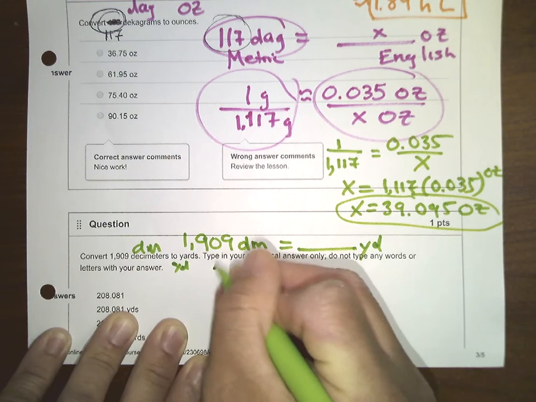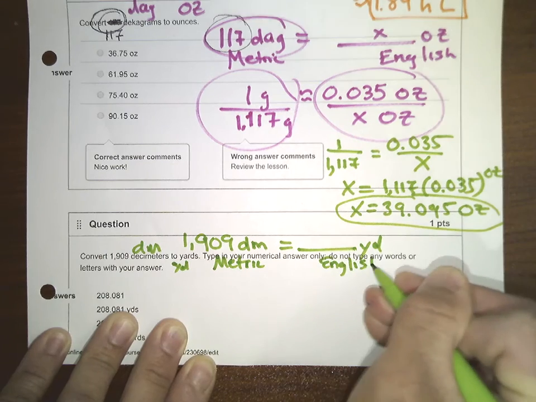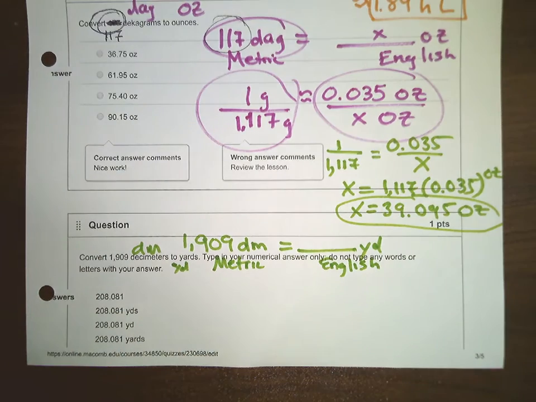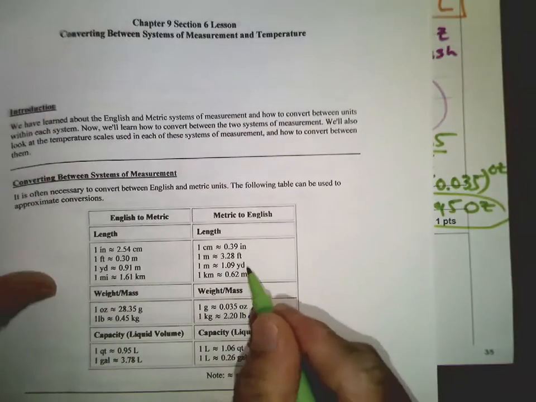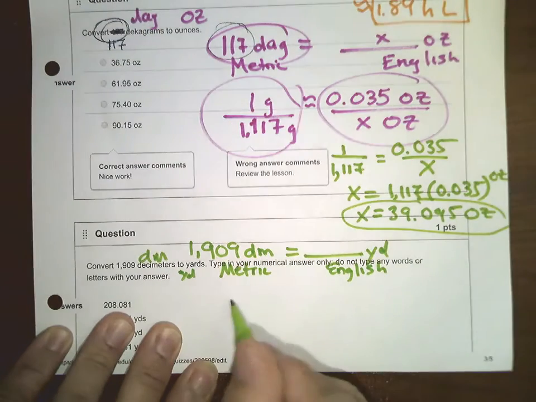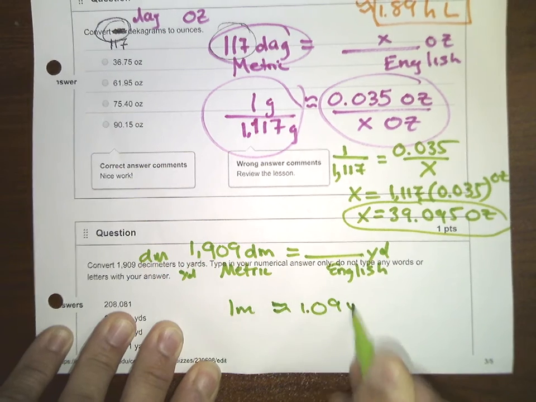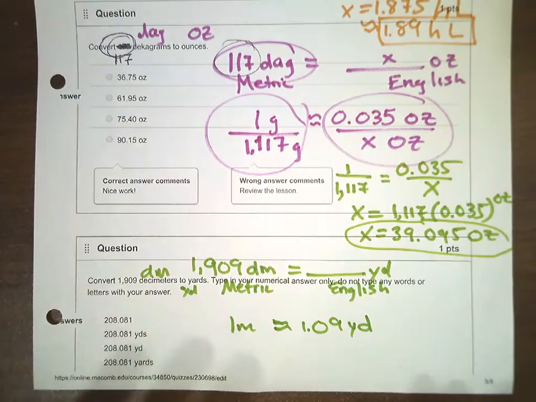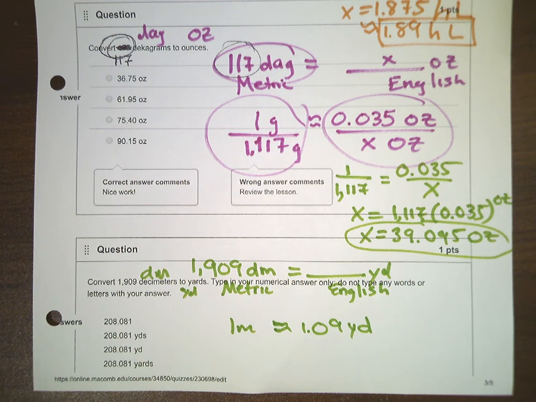So we're going from metric over to the English system here. So we want to see if we have something with meters and yards. Well, 1 meter is about 1.09 yards. And then I need to convert the 1,909 decimeters to meters.